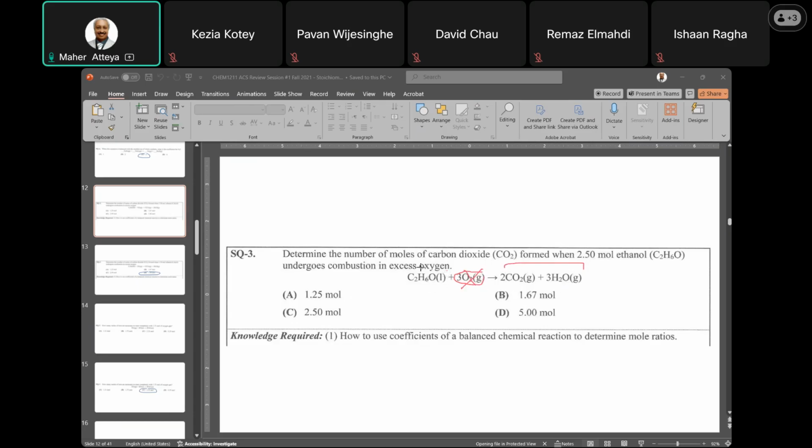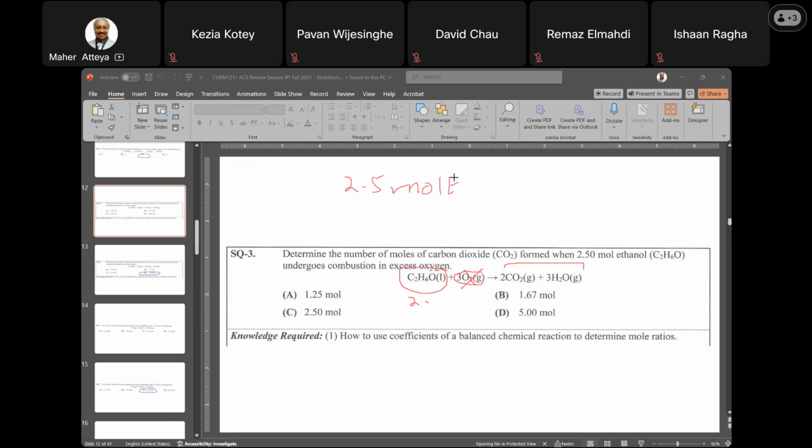The limiting reactant is ethanol, oxygen is in excess, so it's not part of our consideration for calculating the yield of the product. So ethanol is 2.50 mole, correct? Let's put it here, 2.5 mole.